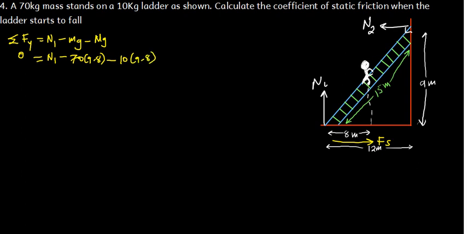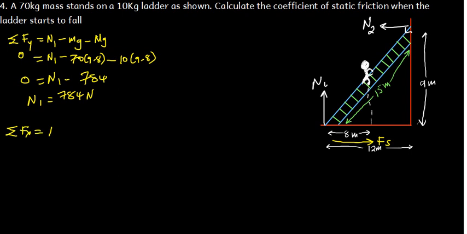So I'll say 0 is equal to N1 minus 70 times 9.8, and then add 98, which is 10 times 9.8. So that is 784. I'm going to take it the other side, so N1 is equal to 784 newtons.